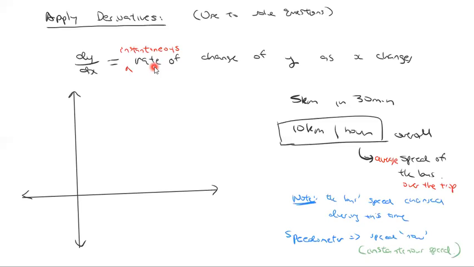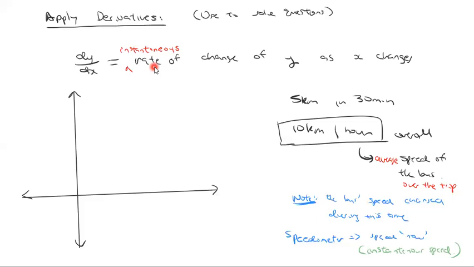So assuming your speed changes, right? If you get something that never changes, then the instantaneous speed will be exactly the same as the average speed, because your bus goes at 10 kilometers per hour the whole time, no traffic lights, no traffic, nothing. Then instantaneous and average will be exactly the same. However, if it changes, then instantaneous just means the one right now.